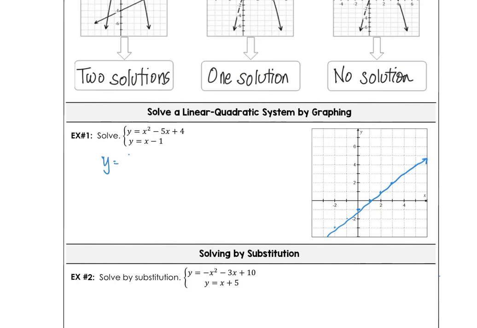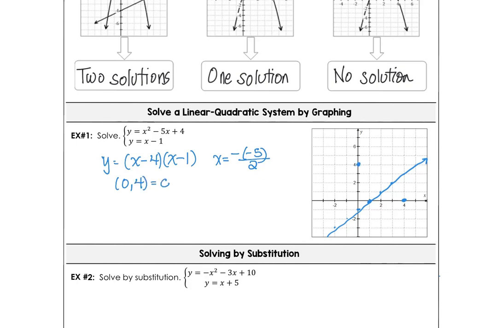Y equals x minus 4 times x minus 1. So we have zeros at positive 4 and positive 1. We also know that the vertex is located at the opposite of b over 2 times a, so 2.5. And we know that the y-intercept is at 0, 4 from the c value.